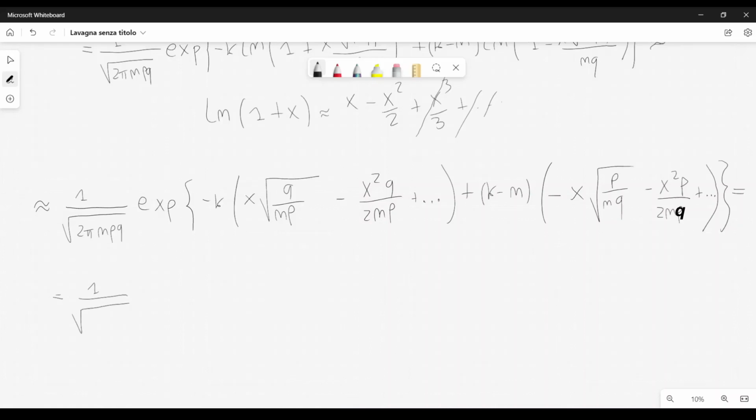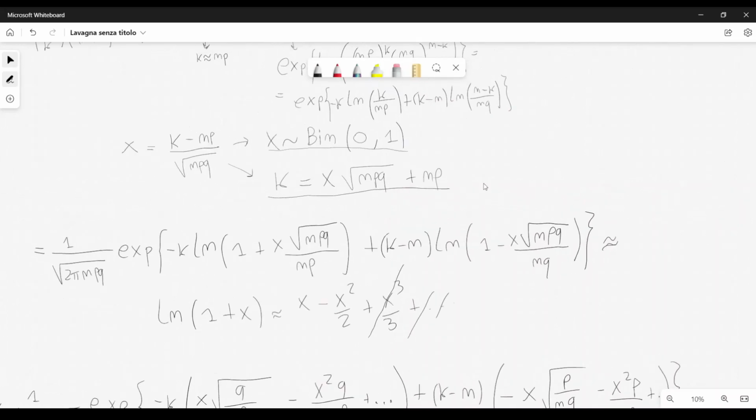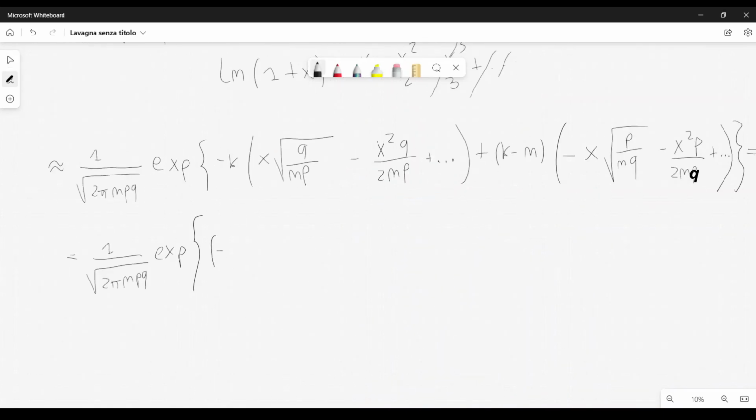1 over square root of 2 pi n pq exponential of, now instead of minus k, I can rewrite k by using this formula here. So I have minus np minus x times the square root of npq, which multiplies x times the square root of q over np, minus x squared q over 2np plus higher order terms, plus k minus n.